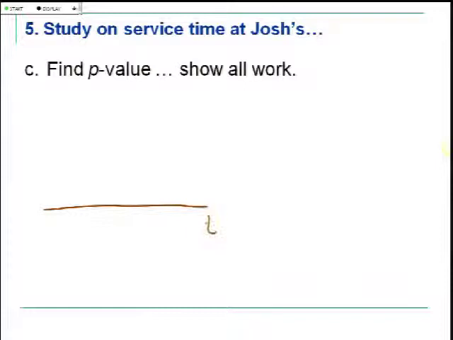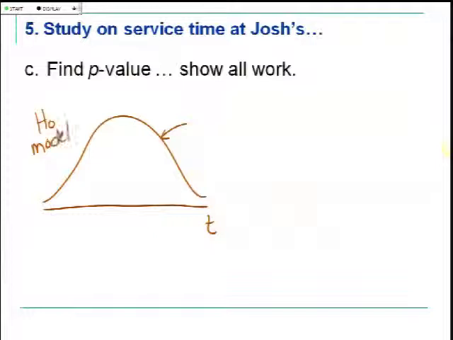I'm doing a t-test, so I better draw the model for my t-statistic when H naught's true, which would be a t-distribution. How many degrees of freedom? 99. I don't have 99 degrees of freedom in my table, so I'm going to be a little conservative and use 90 instead.